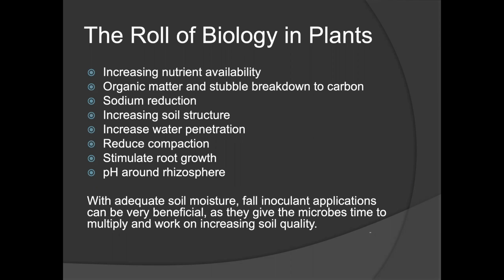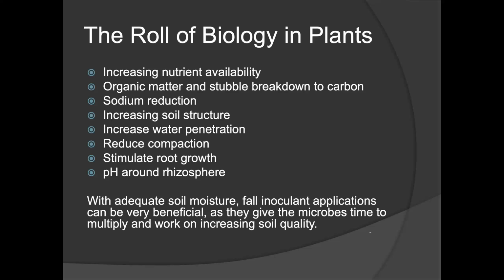Biology also stimulates a lot of root growth. As your roots are inoculated with the biology, they're feeding, the roots are growing, and the biology moves along with the root system and expands as the roots grow, giving much better nutrient availability. It also changes the pH around the rhizosphere. A lot of work has been done, and it's basically showing that the pH shifts.